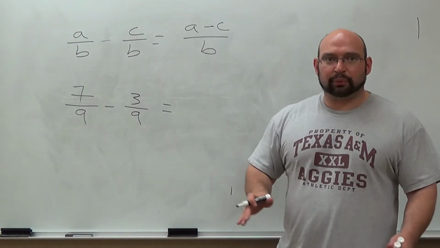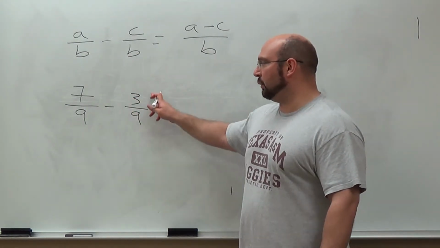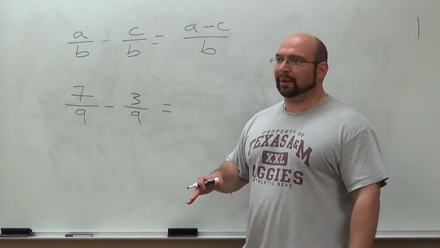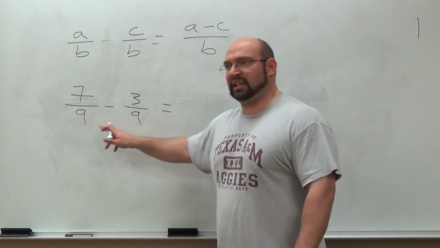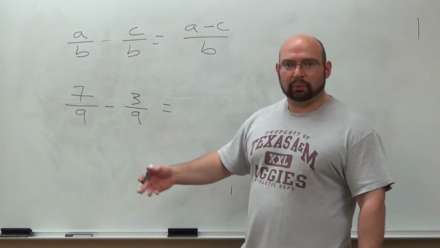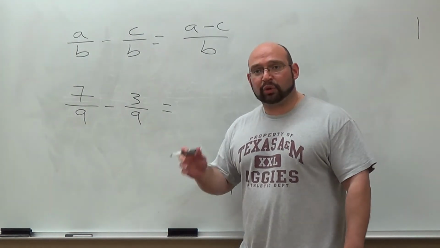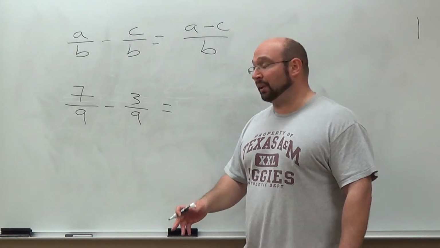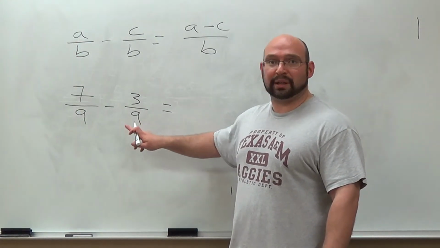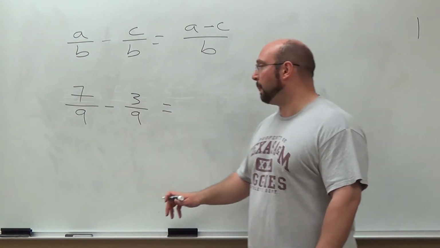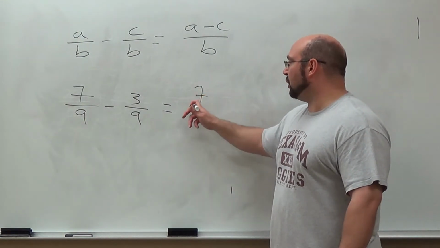Well, we can if we really want to, because at first glance we know we can reduce this, but we're not going to worry about that right now, because more importantly, these are the same denominators, right? So we're going to roll with that. Remember, just because you can do something doesn't mean you should do something. Yes, I can reduce this, but there's no reason for me to do it, so I'm not going to bother with it, all right?